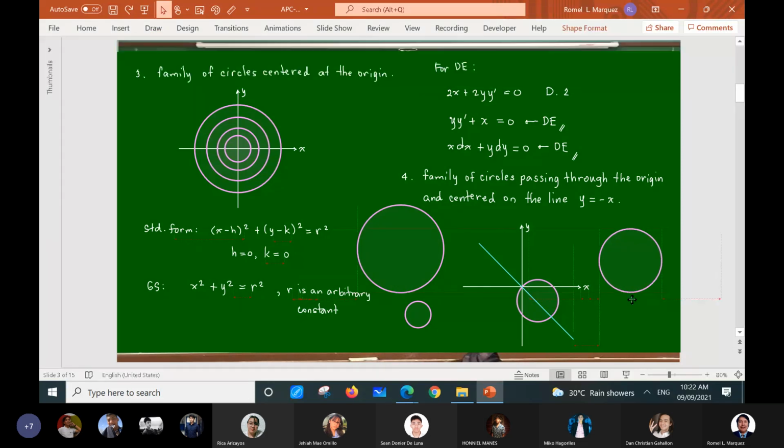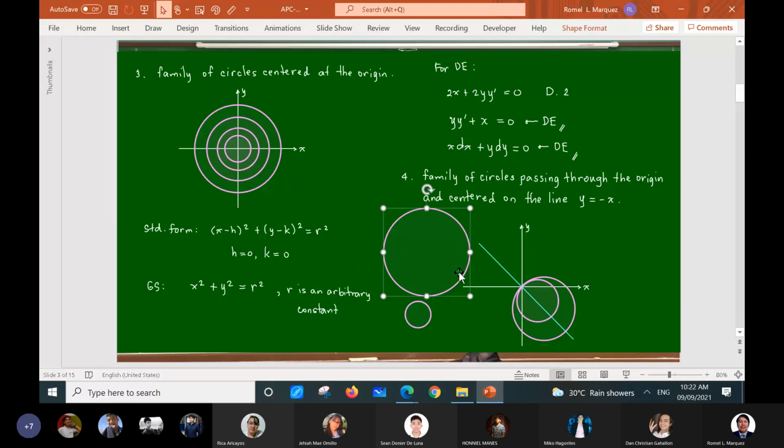A bigger one is still passing through the origin. Correct, guys? Another one, a bigger one, but this time here. Get it, children?